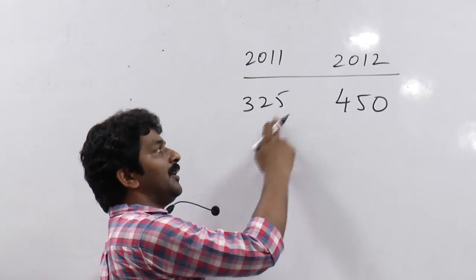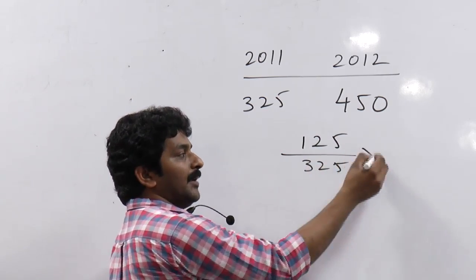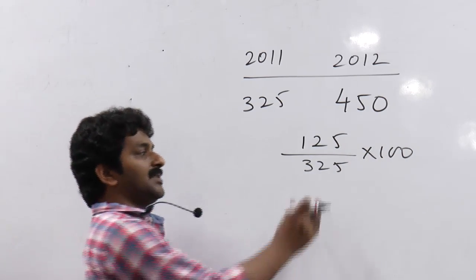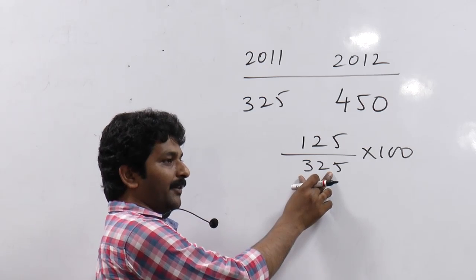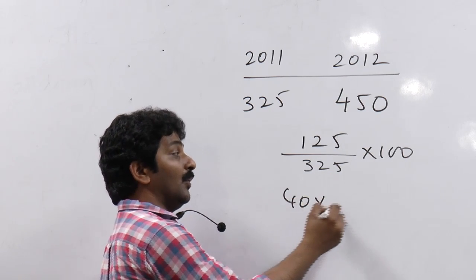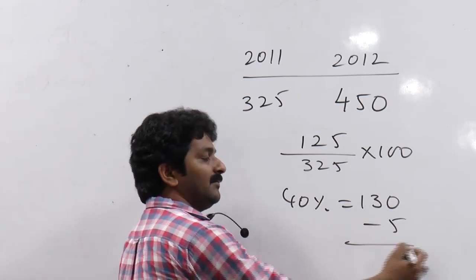To make it 450, you need to add 125 to 325. Percentage, right? So into 100. 10% of the denominator is 32.5. 20% is 65. 40% is 130. To make it 125, you need to subtract 5.